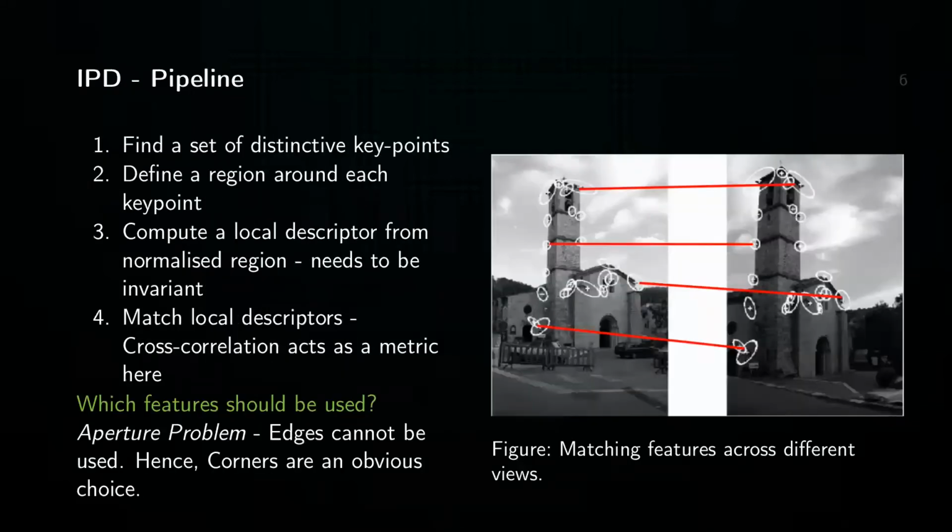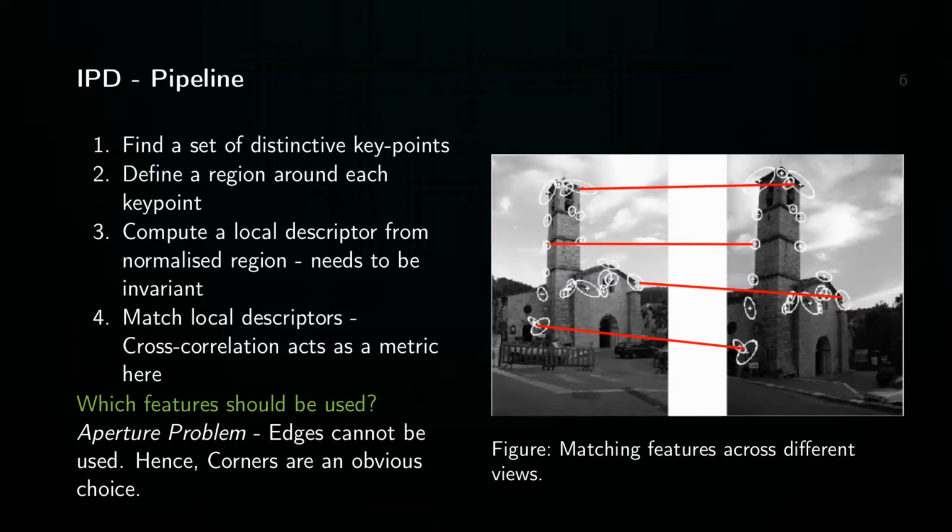The process for IPD is that we first find a set of distinctive key points, define a region around each key point, and compute a local descriptor from this region, which needs to be invariant for rotation, scaling, translation, which can be accomplished with Q transforms.